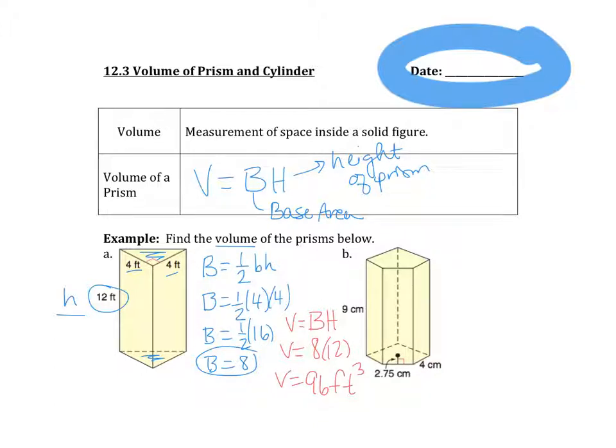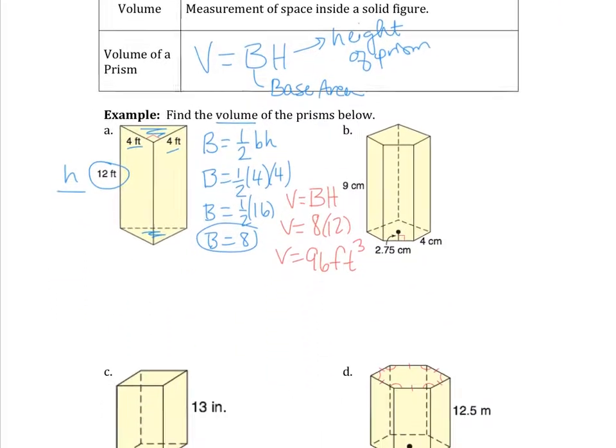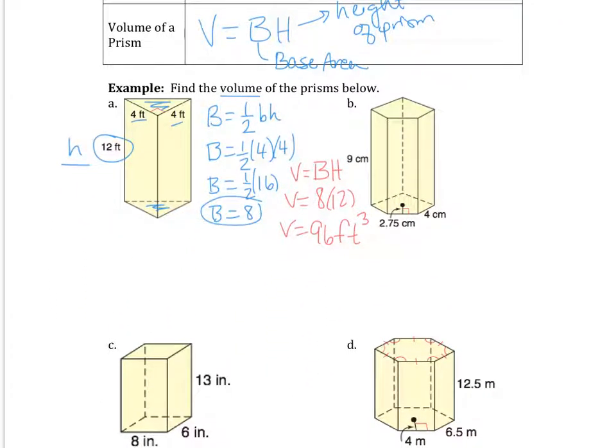The second example here is a volume of a prism again, and it looks like it's a pentagonal prism. And this is a regular pentagon. So we're going to find the area of the base. So we need to find the area formula for that. The area formula for that is 1/2 the apothem, which is that perpendicular distance here, times the perimeter of my pentagon.